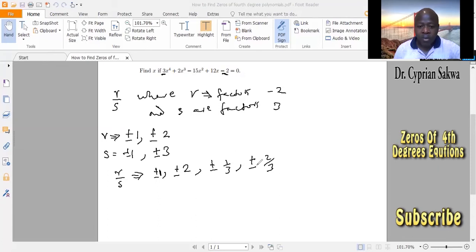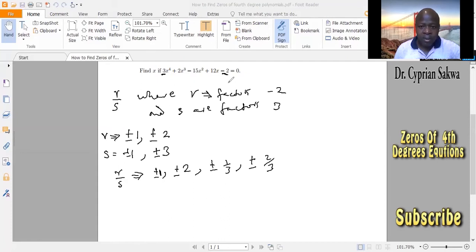So I'll try all of them. But once I find one, then I'll use long division to reduce this equation to a cubic equation, and again factorize the cubic equation if it's factorizable. If the cubic equation can be factorized, I'll reduce it to a quadratic equation and again get other roots.